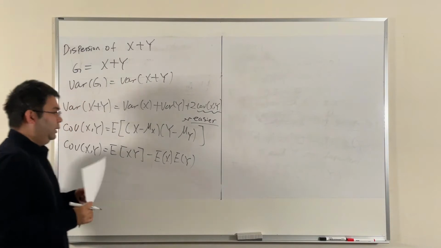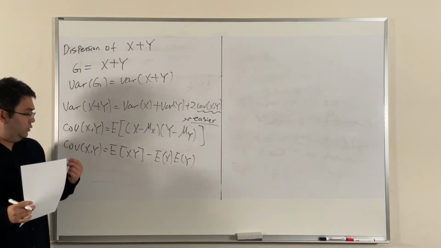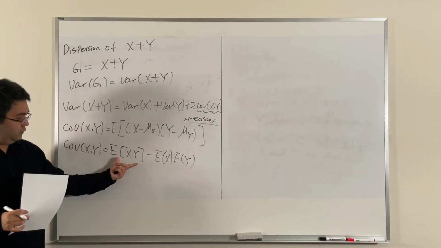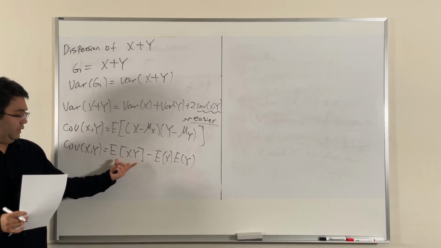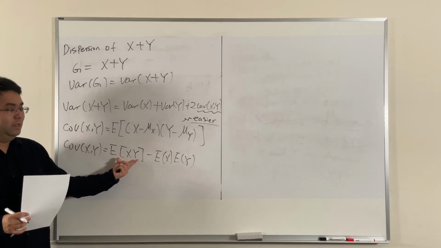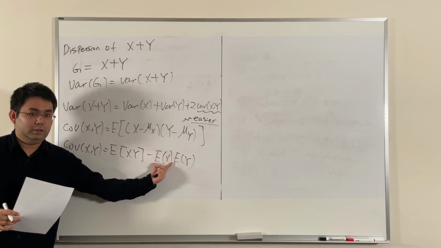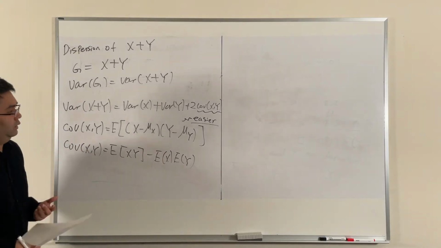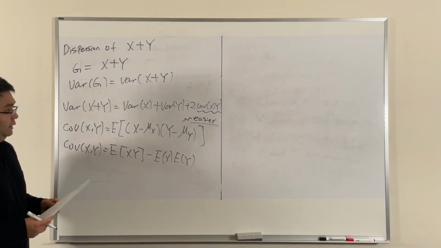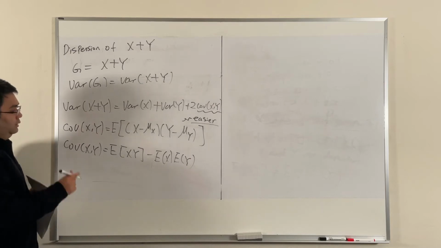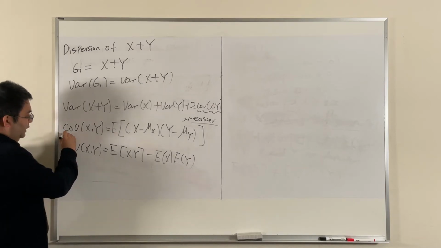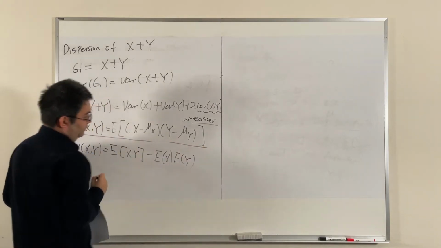But sometimes, if the question already asks you to find the expected value of x times y, then you should use this formula. It depends on the type of question that you're given. Now I'm going to show you how to use the formula at the top.